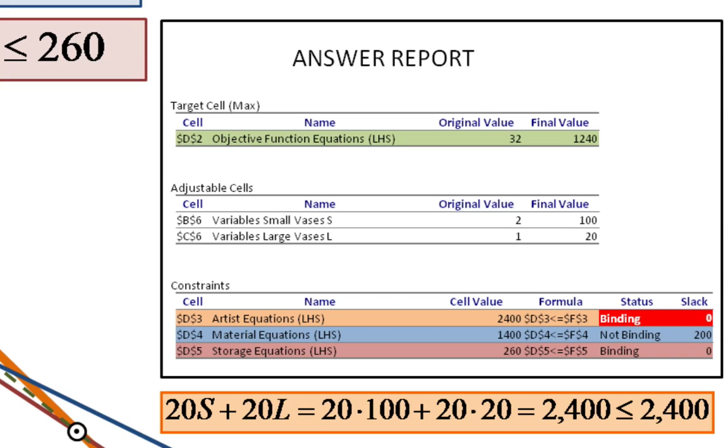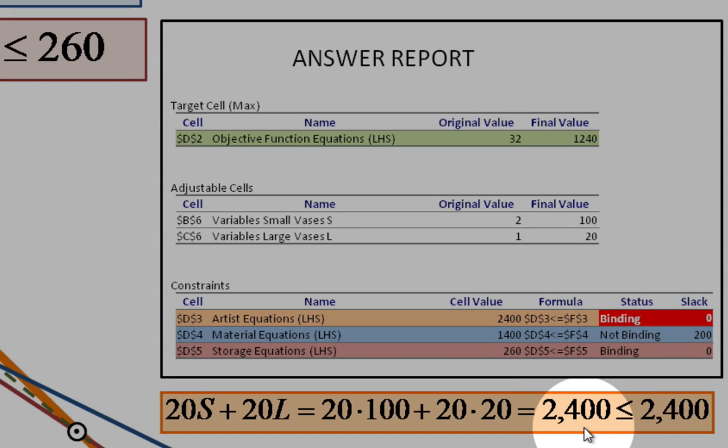Why is it binding? Well, the left-hand side 2400, which is the value for our equation, is exactly equal to the right-hand side, 2400, which is the number of minutes we had available.